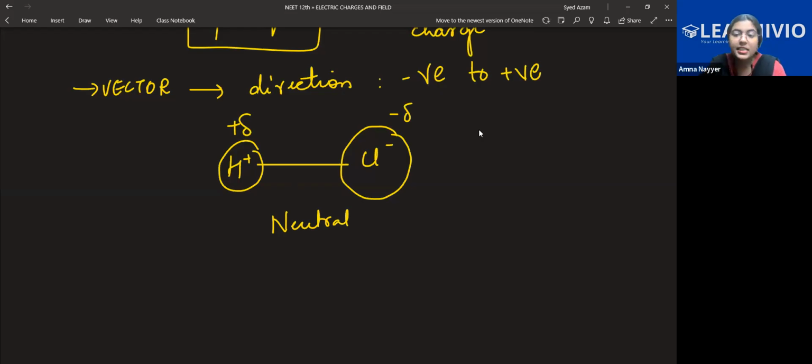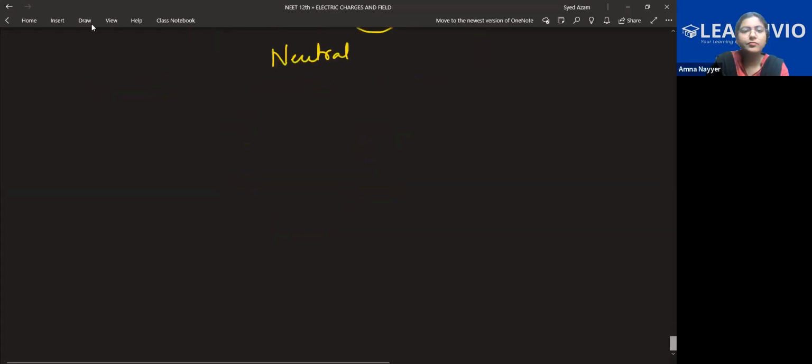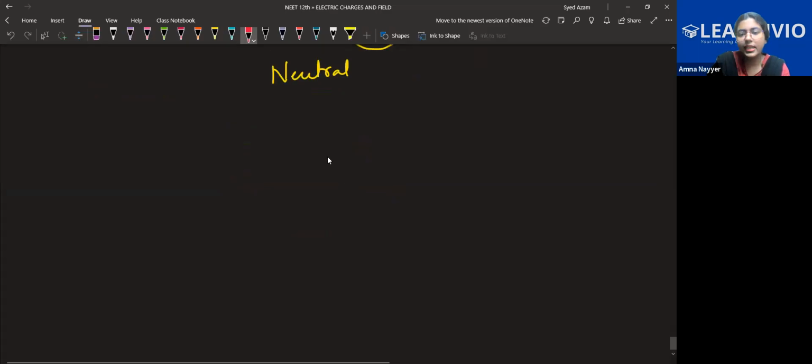But what if I change the arrangement of some molecules? Because it's a vector. See, in your CBSE syllabus, in your board exams, simple molecules will come like this. But in the NEET exam, it can be modified. How? If I change the arrangement of some molecules, let's say I have taken a charge, this is plus Q. Now, let me take it as Q2 minus, do you understand?